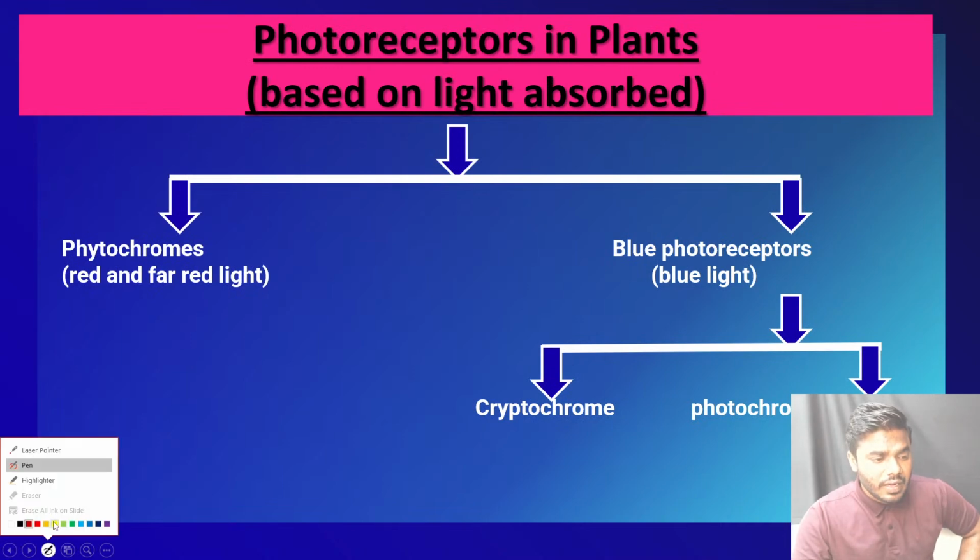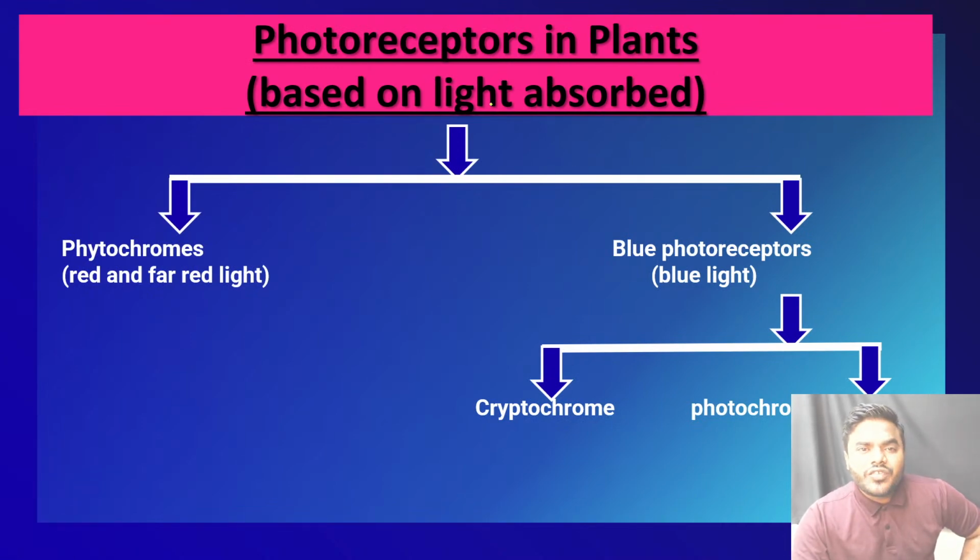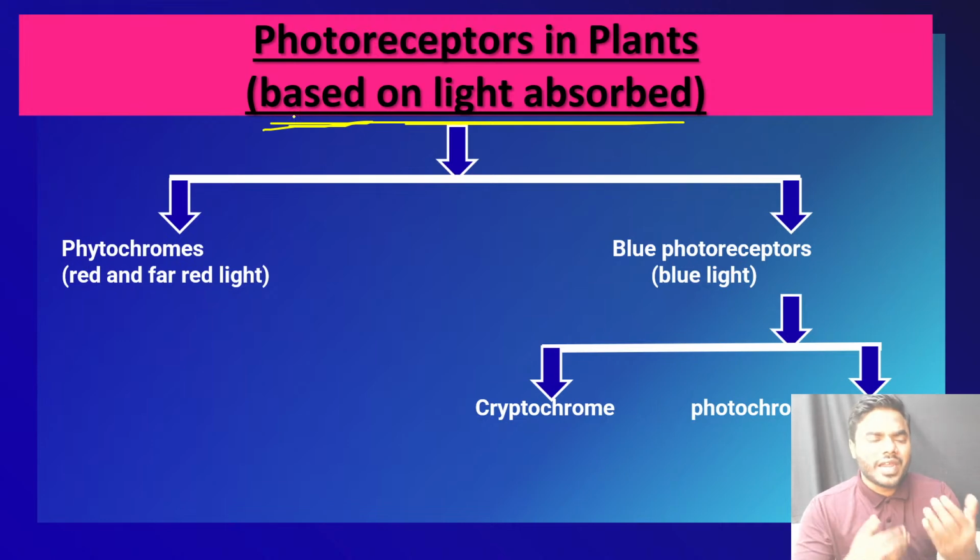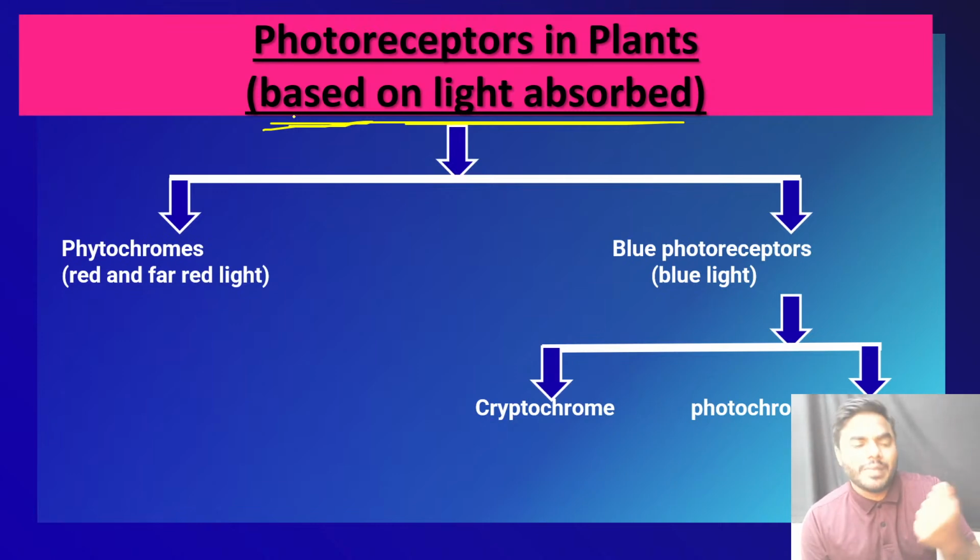Now everyone understand. All the photoreceptors present in the plant body are categorized into different types. Once again, based on what parameter do we categorize them into many types? Based on how much light they are absorbing, at what wavelength, at what fraction they are absorbing the light.